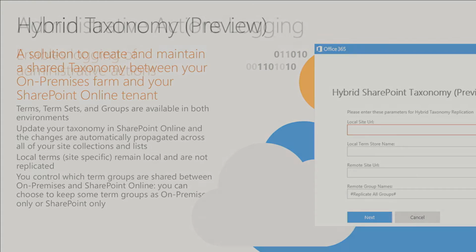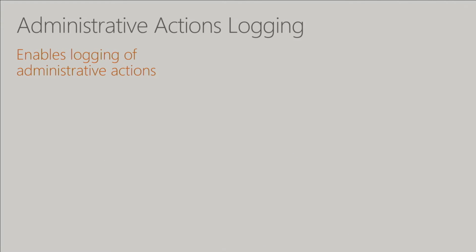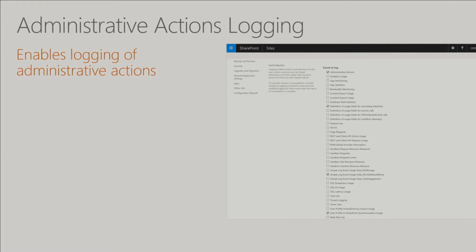So the next one is administrative actions logging, which really enables you to detect and report on actions that are taken by an administrator within SharePoint Server 2016. And again, this is something you haven't been able to do before, unfortunately. Your administrators in the past have had carte blanche access to SharePoint on premises. They could perform effectively any action that they wanted, but those actions were completely transparent to anybody.